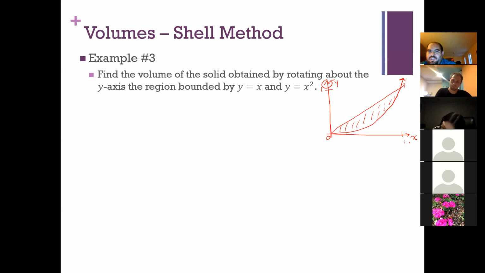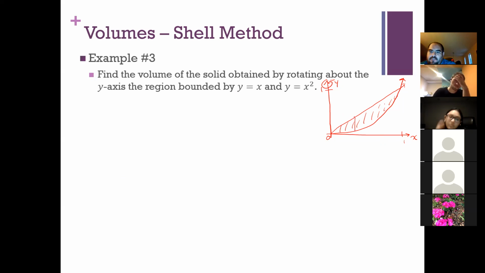All right, I would like to use the shell method. I believe we could use probably either method, and they're probably about equal in terms of efficiency. If I'm using the shell method, what's my independent variable? Still x, right?